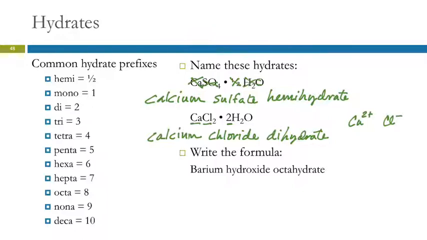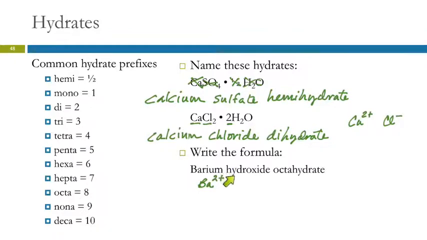So we also need to write formulas. Barium hydroxide octahydrate. Well, this first part is an ionic compound. Barium is Ba. What's the charge on barium ion? Yeah, +2. It's in group 2.